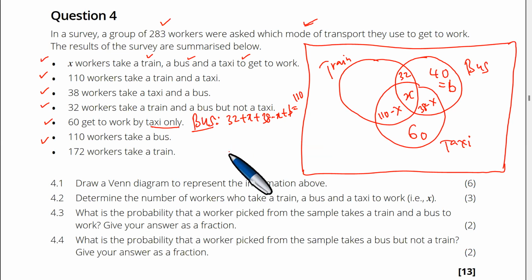So which means therefore it's 40, because x minus x is 0. 32 plus 38 is 70. 110 minus 70 is 40. So you're getting that b is exactly 40.